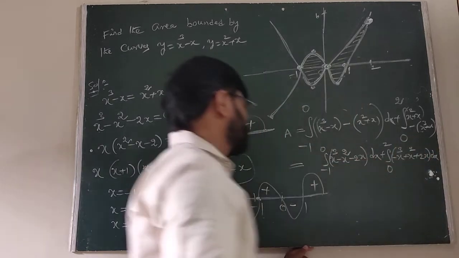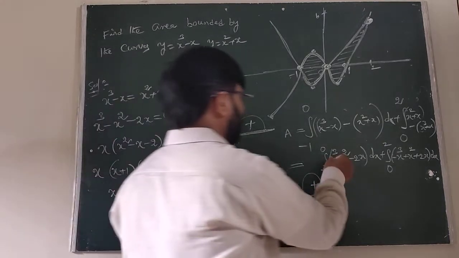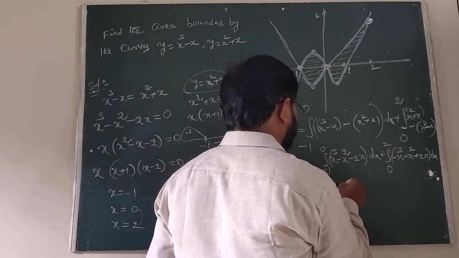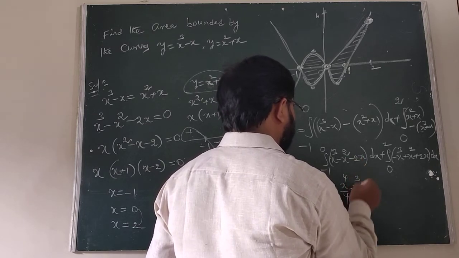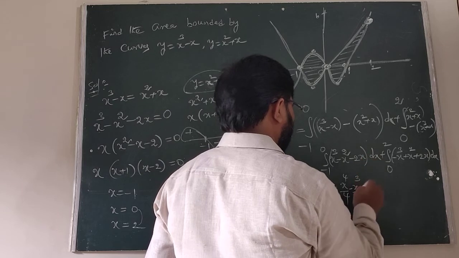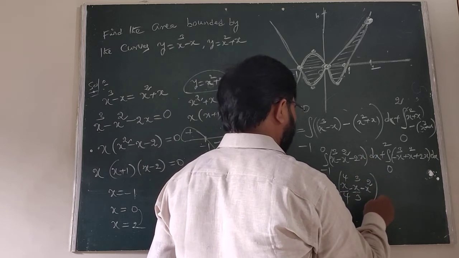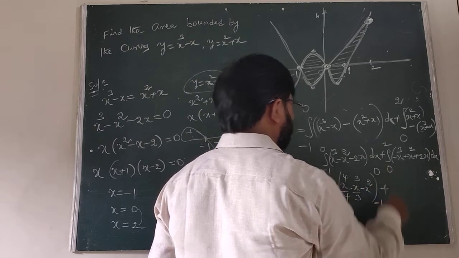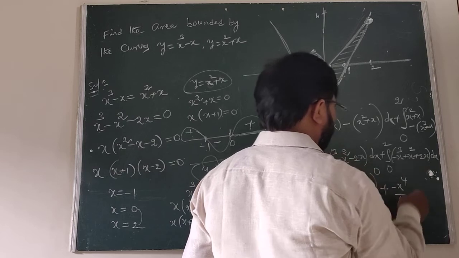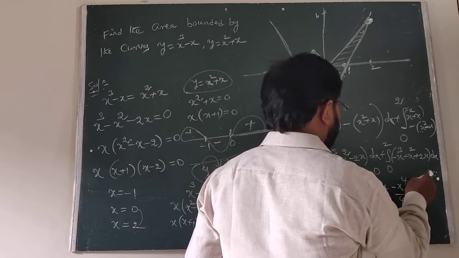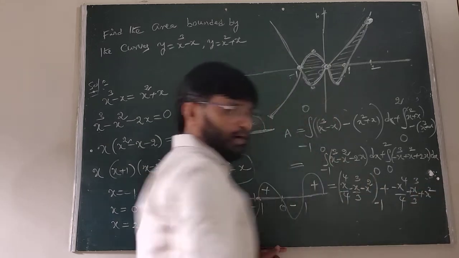So we integrate: x power 4 by 4, minus x cube by 3, minus x square by 2, we substitute the limits minus 1 to 0. Okay students, here x power 4 by 4, x cube by 3, x square by 2, 2 cancel.